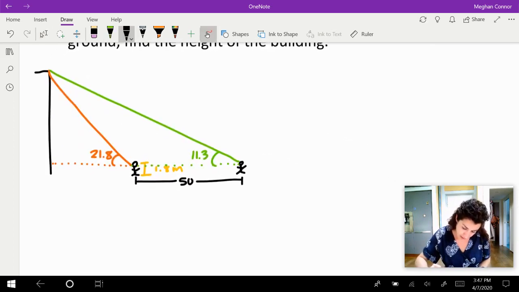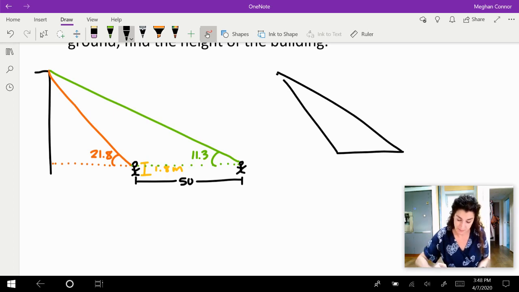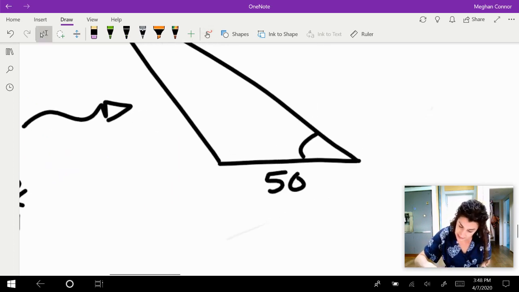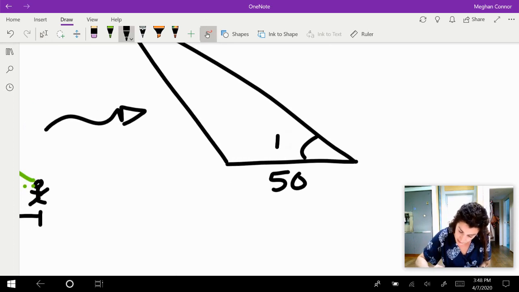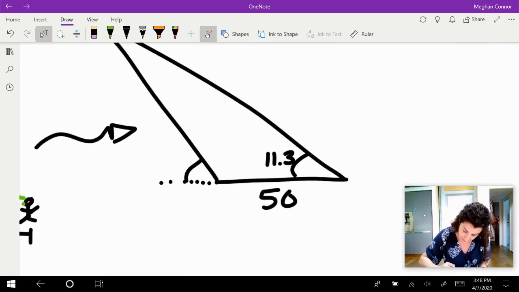So I might try and focus on this triangle in the diagram, where this side is 50 and this angle measurement is 11.3. We also have this angle on the outside, which is 21.8.